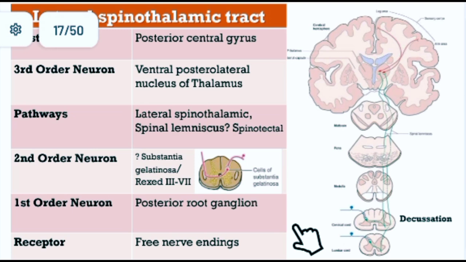This neuron coming from the periphery all the way to synapsing in the posterior gray horn, we call the first order neuron. First order neurons go to the posterior root ganglion, or the dorsal root ganglion. That's where the cell bodies are. And remember, these are pseudounipolar neurons. Pseudounipolar neurons are going to be like this. That is a ganglion.